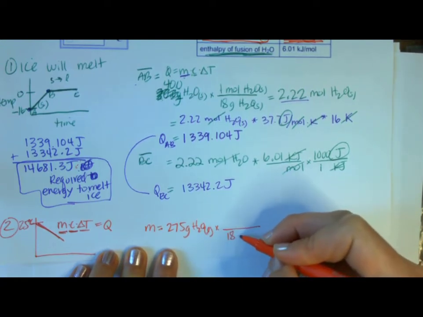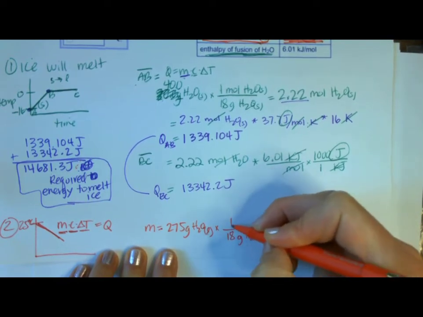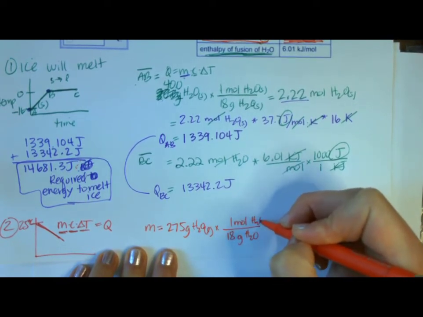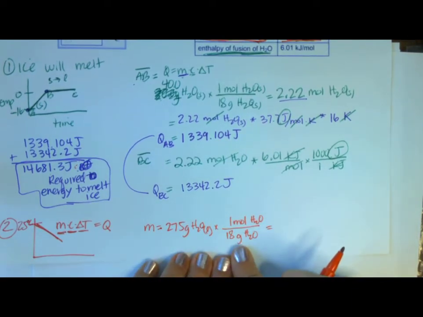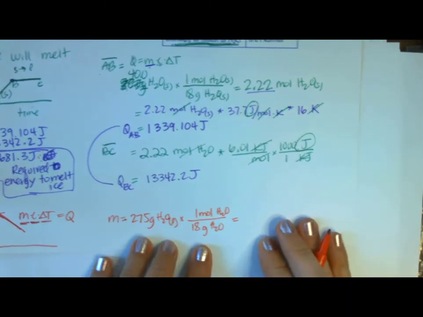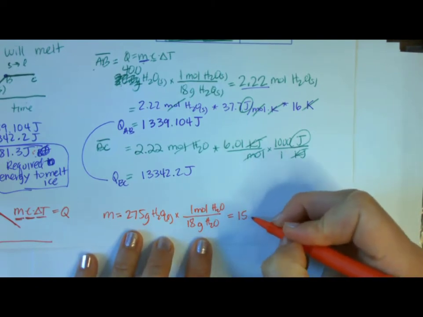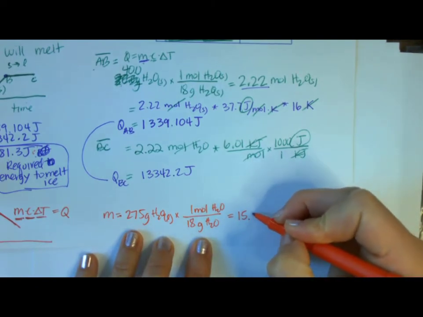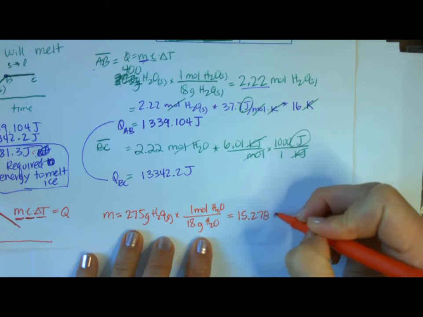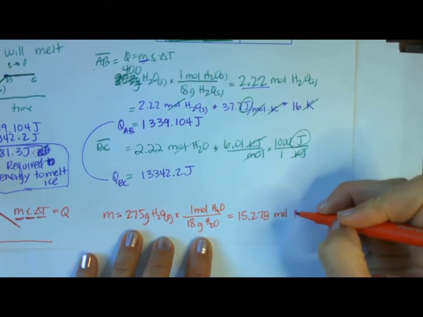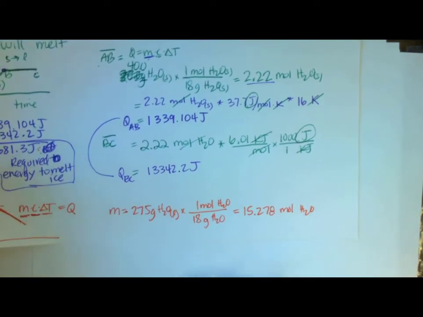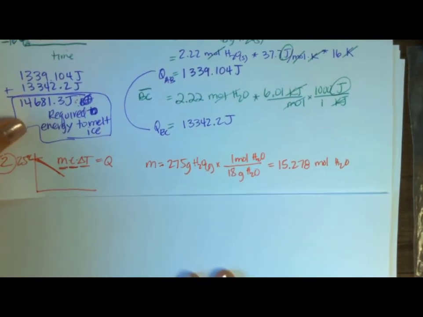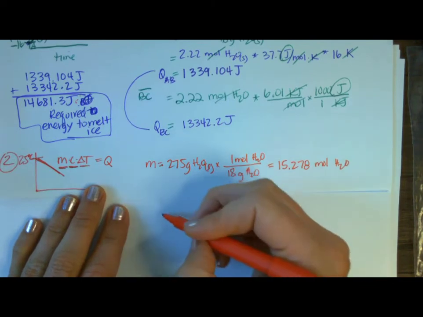We even did that up above. 18 grams of water for 1 mole of water. So let's do our 275 times 1 divided by 18, and we should get 15.278 moles of water. So let's take this and now plug that into our m times c times delta T.